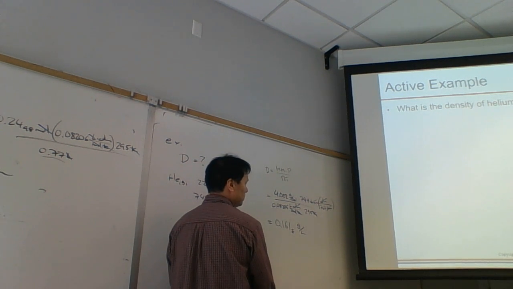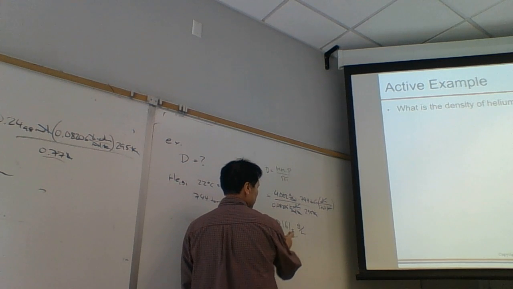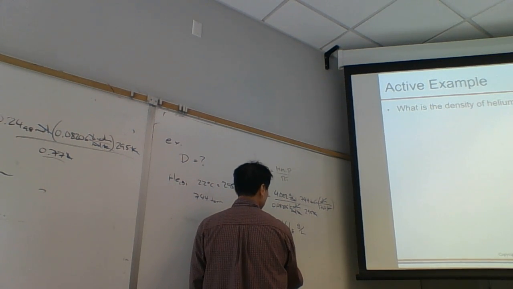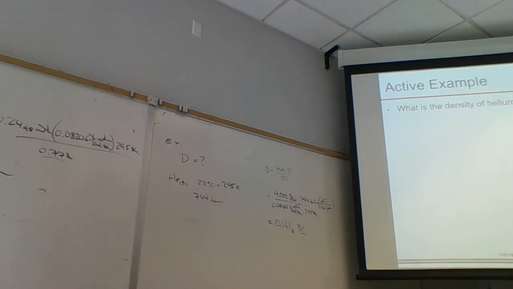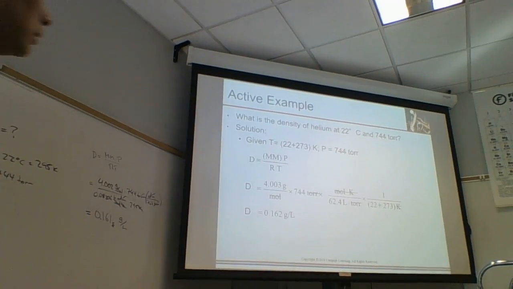So a liter of helium only weighs 0.1618 grams, or 161.8 milligrams. We can round that to 3 sig figs, which would be 0.162 if we wanted to, which the book did. The book rounded to 0.162.